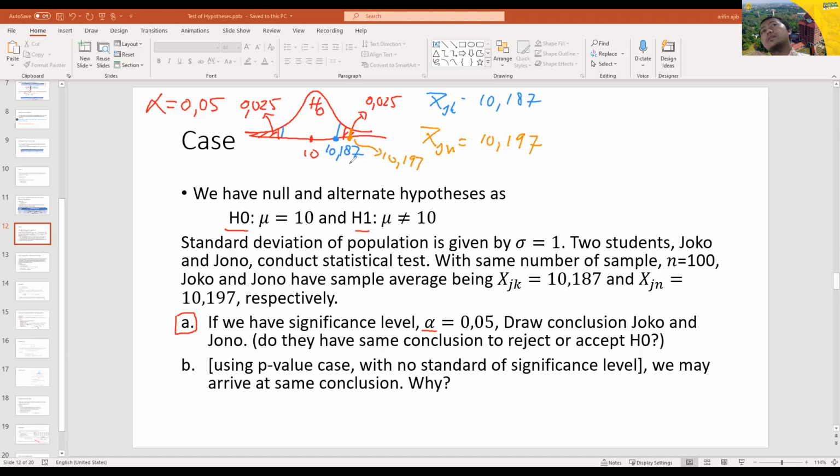And maybe some of you are asking, how about this point? This point I put here, 10.186.